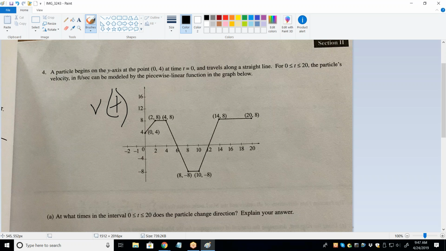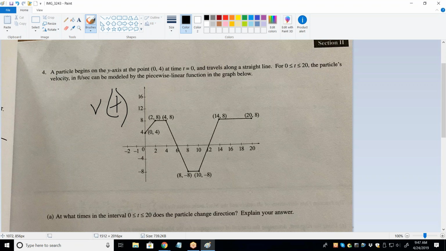The more typical beginning problem on these is a particle's on the x-axis and it's moving back and forth on the x-axis. Right. So a change in direction is a 180-degree change in direction. Well, okay. I think they don't say that here. They just say any change in direction.